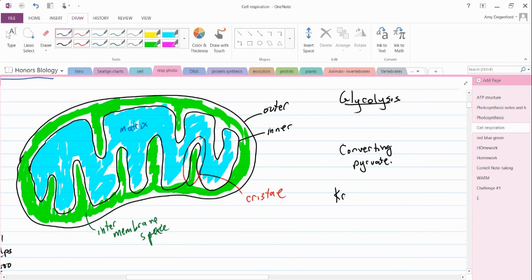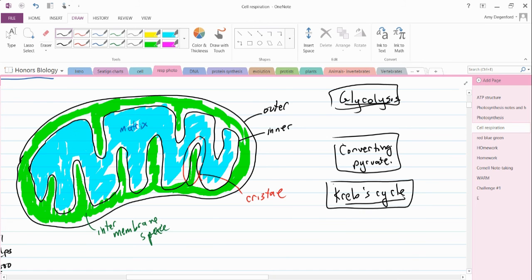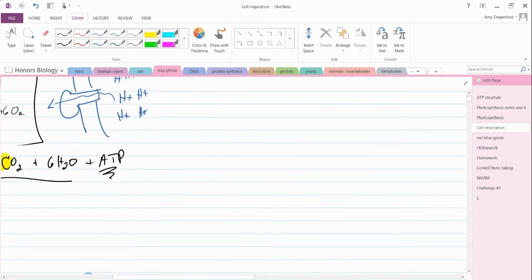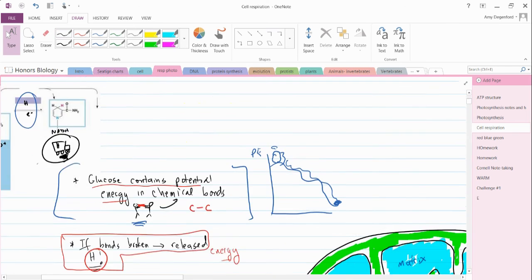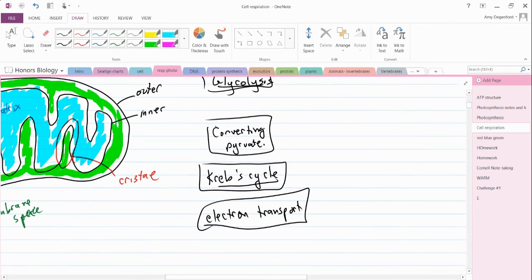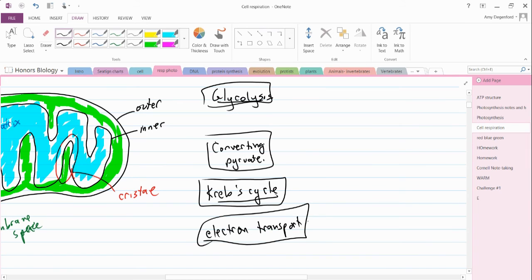We have a real big one called the Krebs cycle. And then the last one, which you've heard before, is the electron transport chain. Now, this is the one, if you go back to our equation in the beginning, where we see that oxygen is needed. Well, the oxygen is not really needed until the electron transport chain.